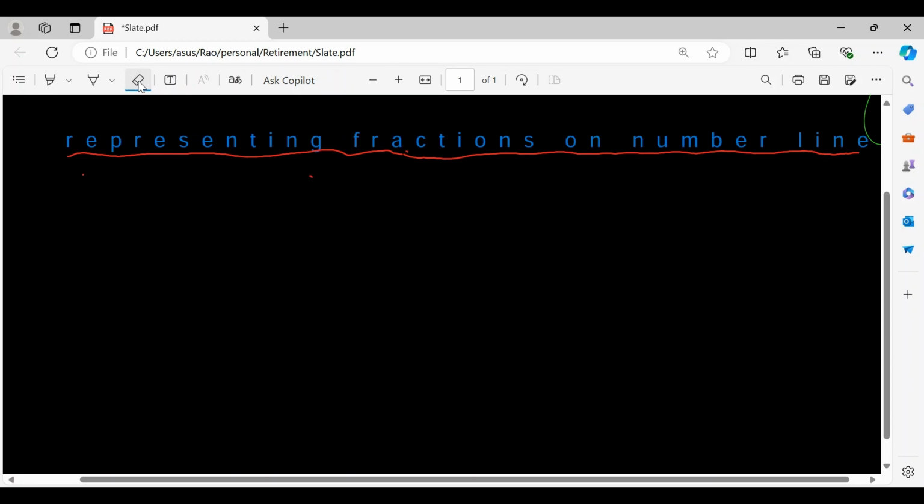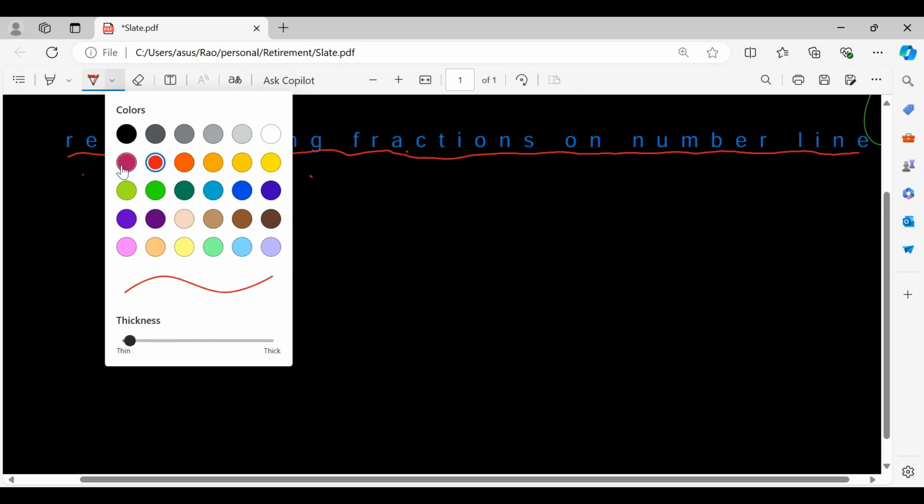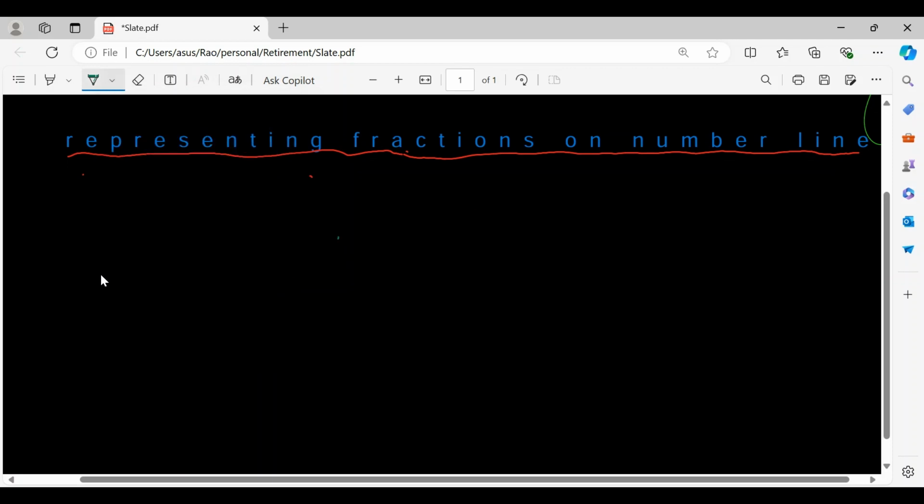In the examination, they only see if you know the concepts. I am drawing the line roughly, and this is the 0. We have to represent 1 by 5 on the number line.